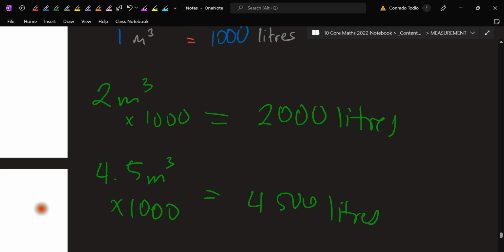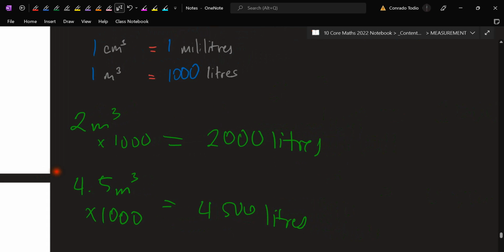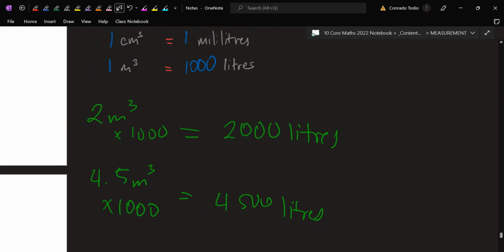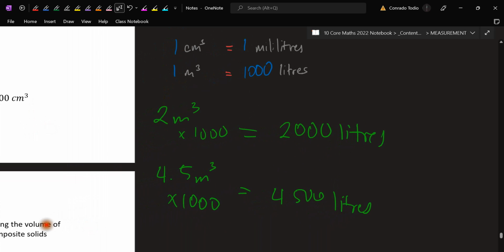So you're literally just multiplying by 1,000 when changing meters cubed to liters. Bear that in mind because you will come across it. I found maybe one question in the SAC where it just asks you to convert meters cubed to liters or centimeters cubed to milliliters. So just put that in there because I don't think they put that in there before.